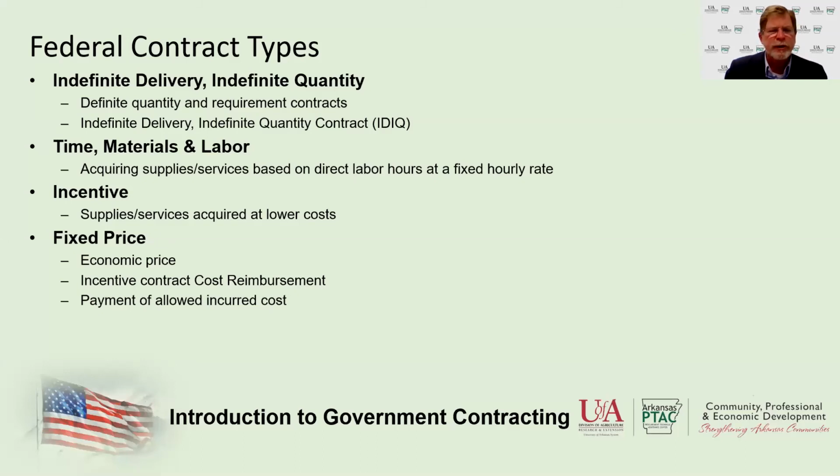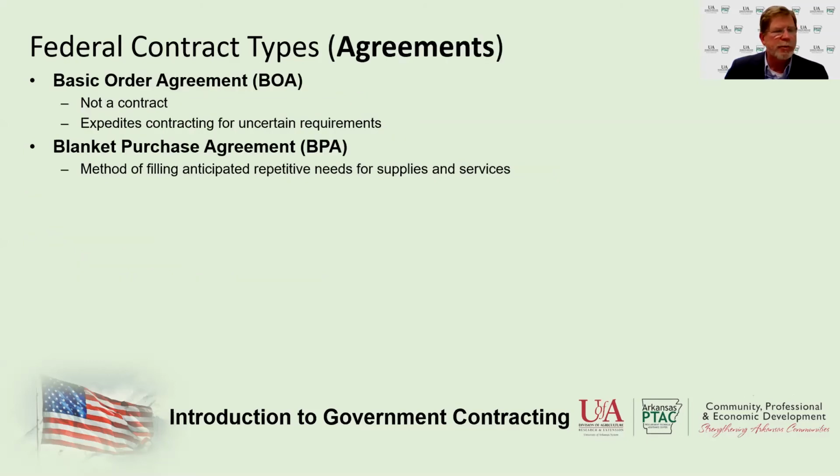And here's the thing, some of this you won't need to know as in depth until you find a solicitation, and maybe there's some areas that you need to really hone in on and understand what they mean or what it means to you. Firm fixed price, and I'll use that as an example before I go on. Firm fixed price means once it's set, it's over. No increases, no negotiation.